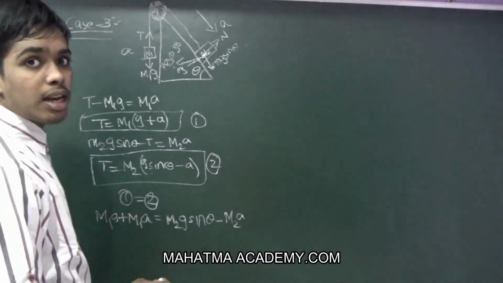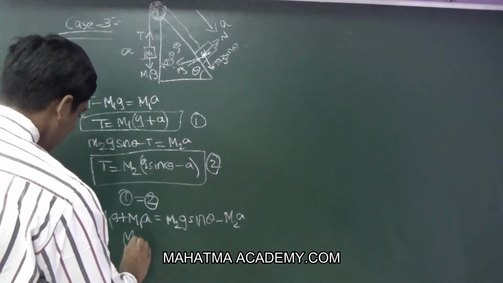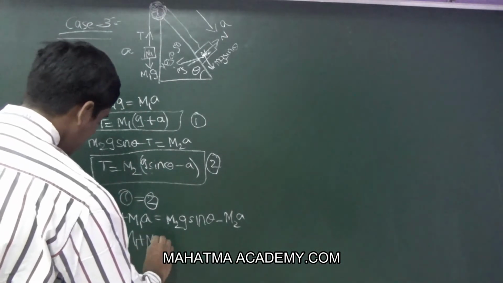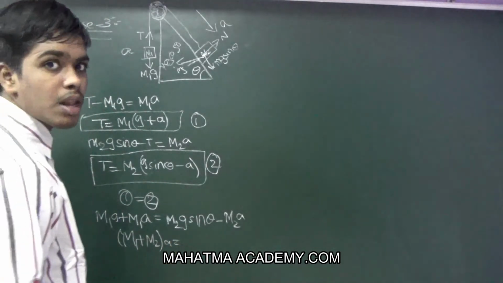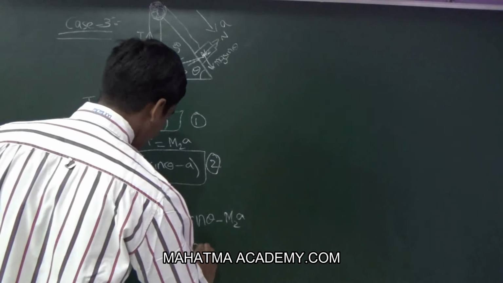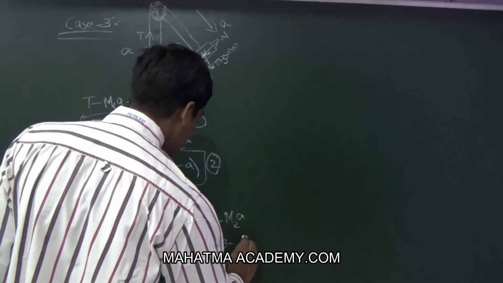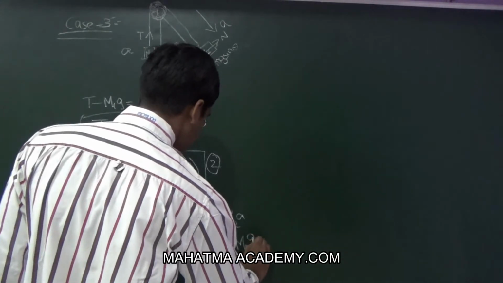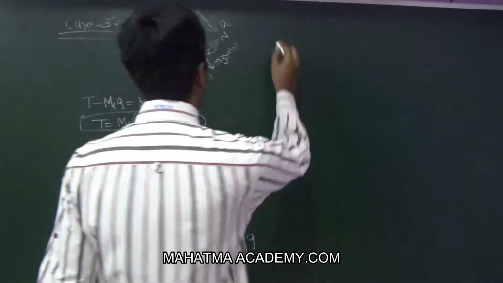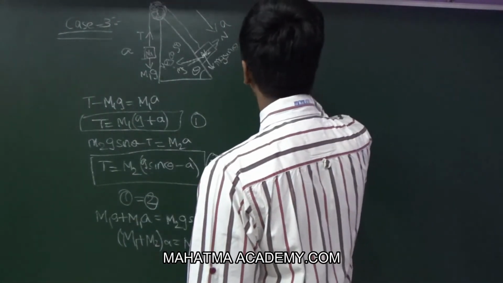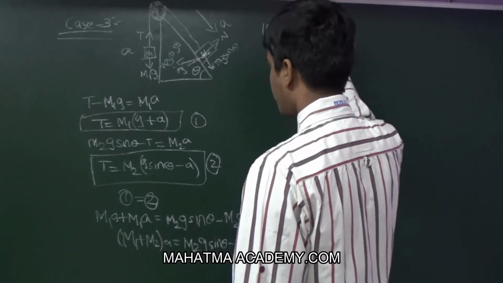If we get the acceleration on the left hand side, m1 plus m2 into a is equal to m2g sin theta minus m1g.